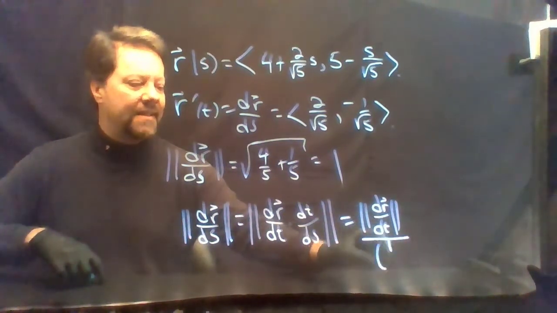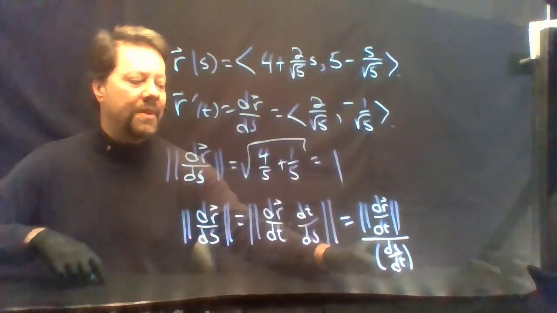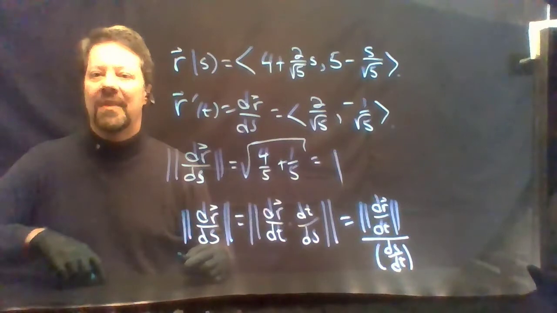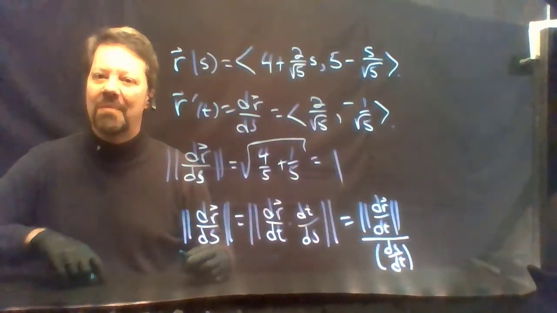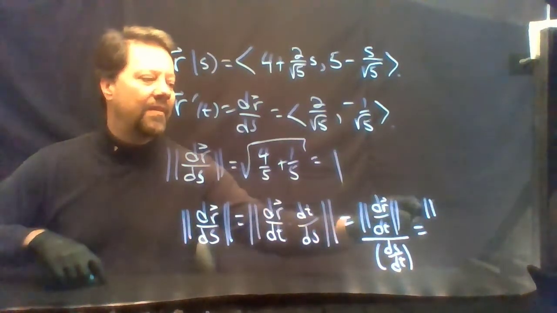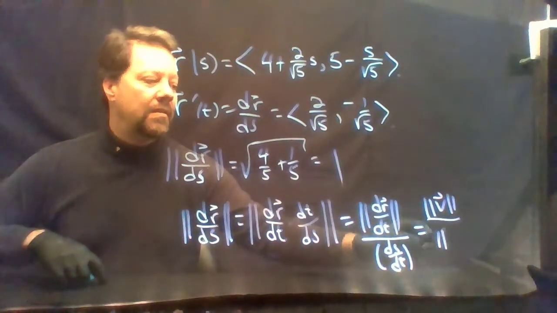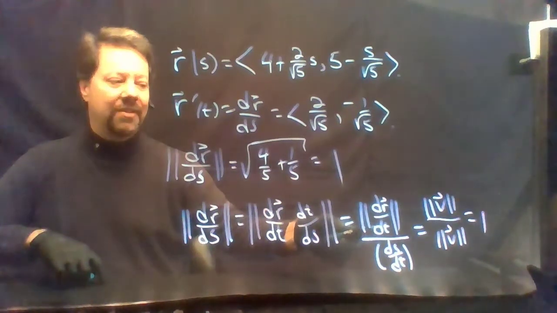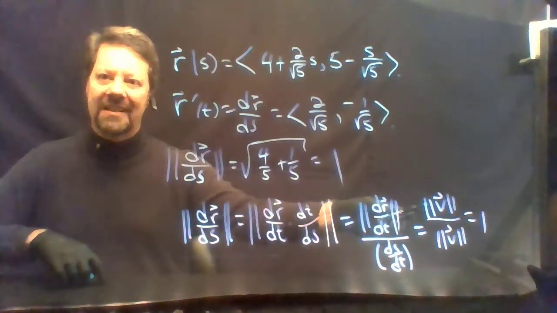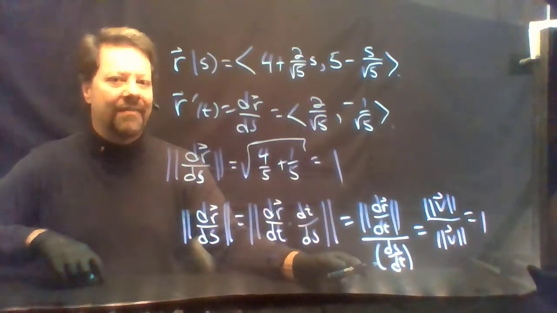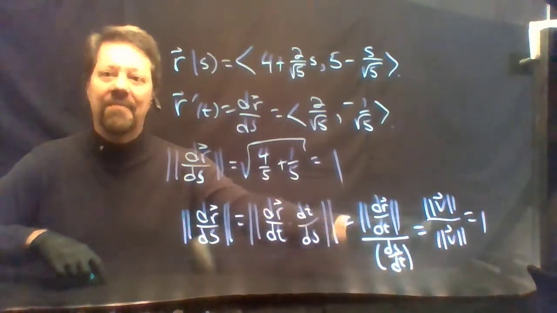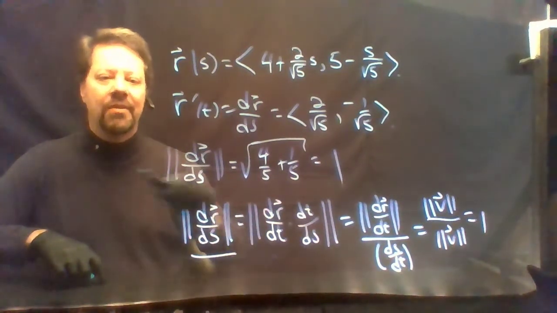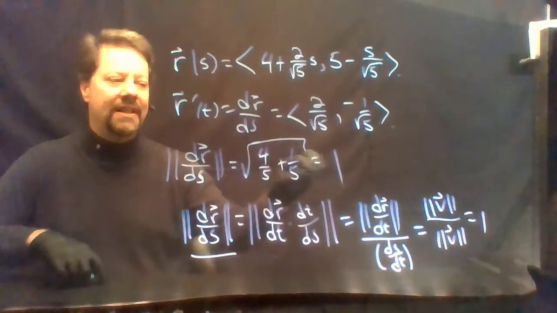But it can come out as the absolute value of dt/ds, which is always positive, because ds/dt is the speed, which is the norm of the velocity vector. dr/dt is the velocity vector, so in the numerator we have the norm of the velocity vector. In the denominator we have the speed, which is the norm of the velocity vector. So now, when you reparameterize with respect to arc length, you traverse the curve at a unit speed.